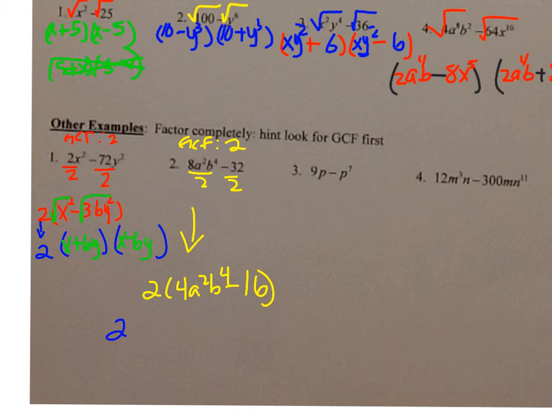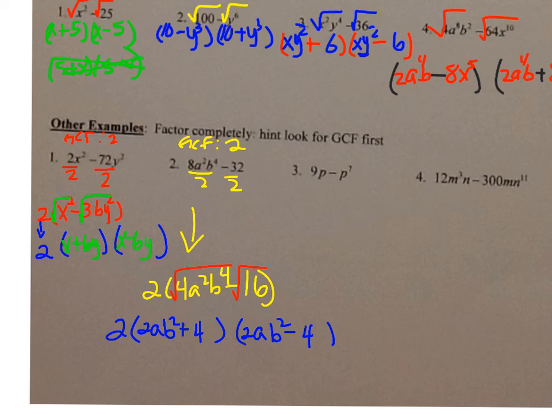All right, so I put 2 on the outside, 2 parentheses, one's plus, one's minus. Okay, so let's do the square root. The square root of 4 is 2. The square root of a squared is a. And the square root of b to the fourth is b squared. The square root of 16 is 4.